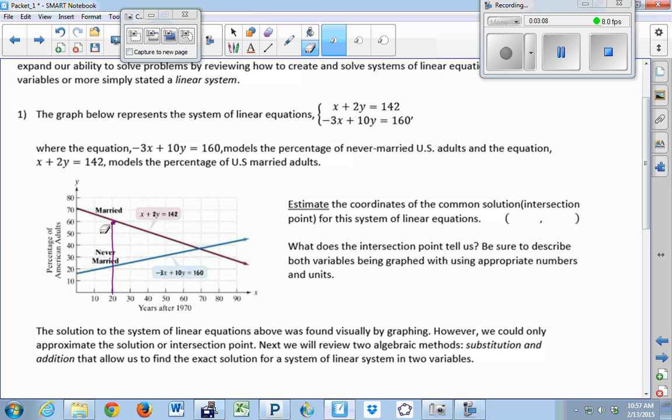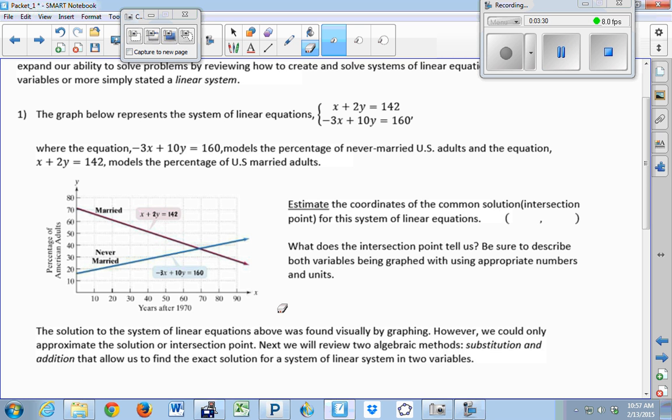And as we can see, it's steadily declining as the decades are going on. And so if that's declining, then the percentage of never married people must be increasing. And this is the equation of the line that models this phenomenon of the increase of never married US adults.